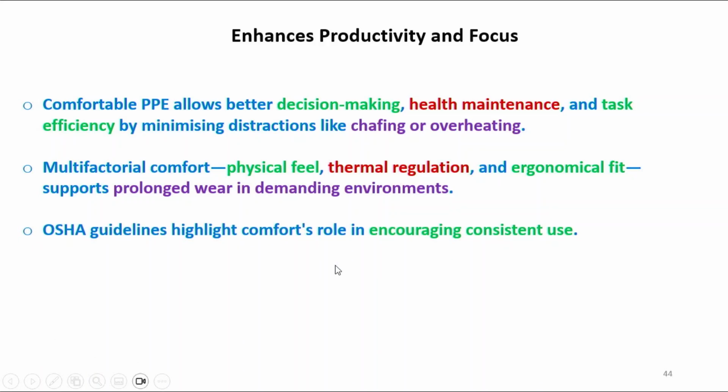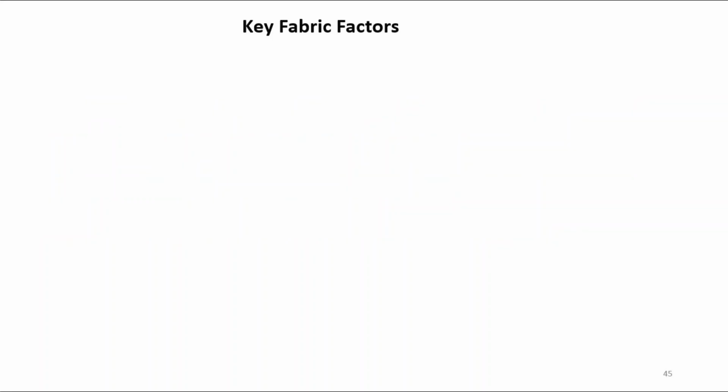The OSHA guidelines highlight the role of comfort in encouraging consistent use. We cannot force someone to use it continuously if we cannot provide comfort in the protective textiles. That is important.